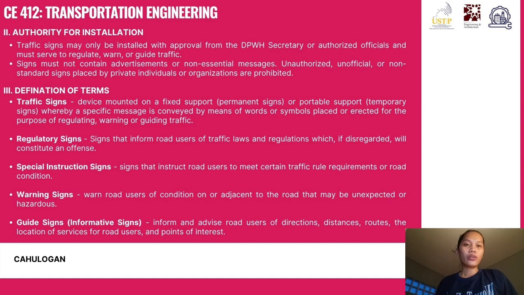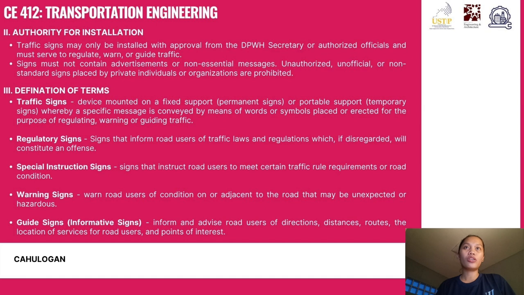For the definition of terms, first we have traffic signs. Traffic signs can usually be seen on the side of the road. They are basically signs of warning or direction to motorists, drivers, and pedestrians, and often have different kinds of shapes.